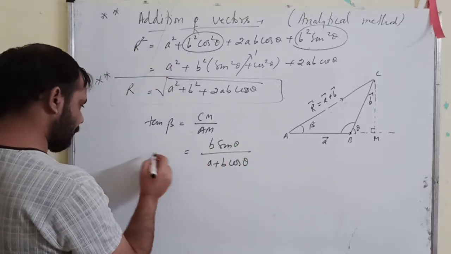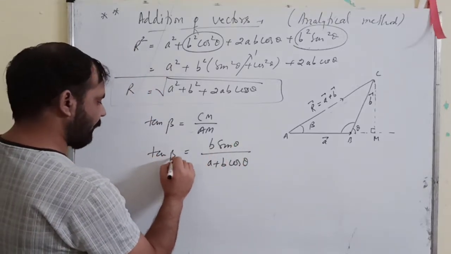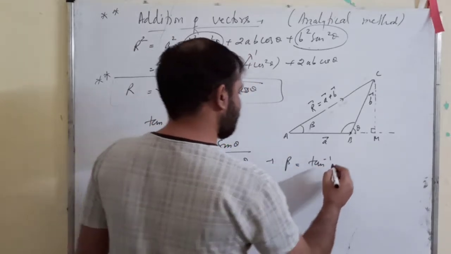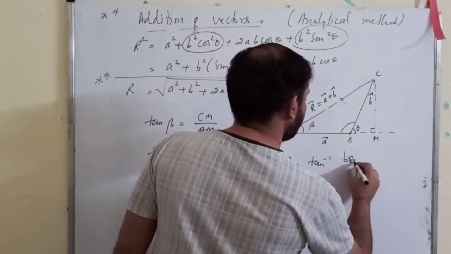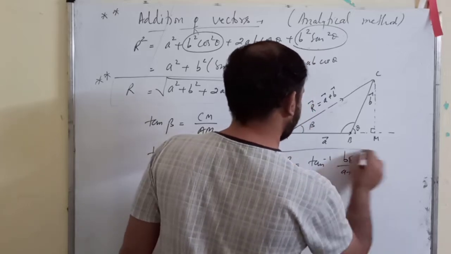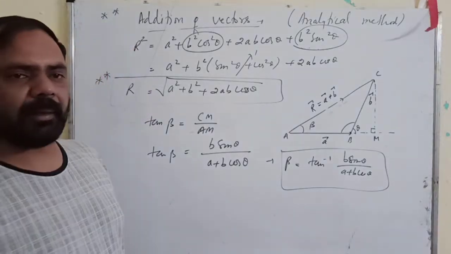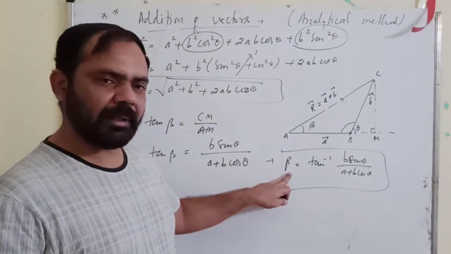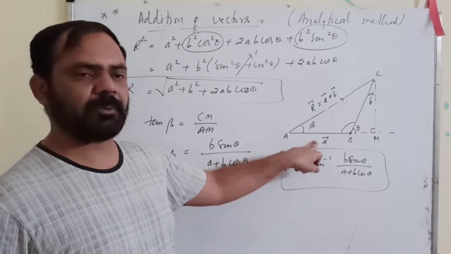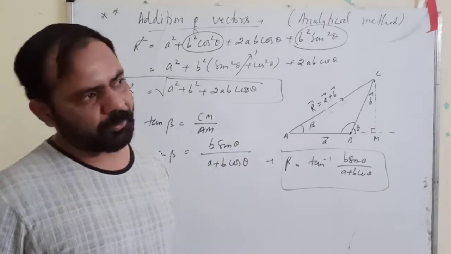So beta equals tan inverse of B sine theta upon A plus B cos theta. This is the direction: the resultant makes this much angle with the A vector.